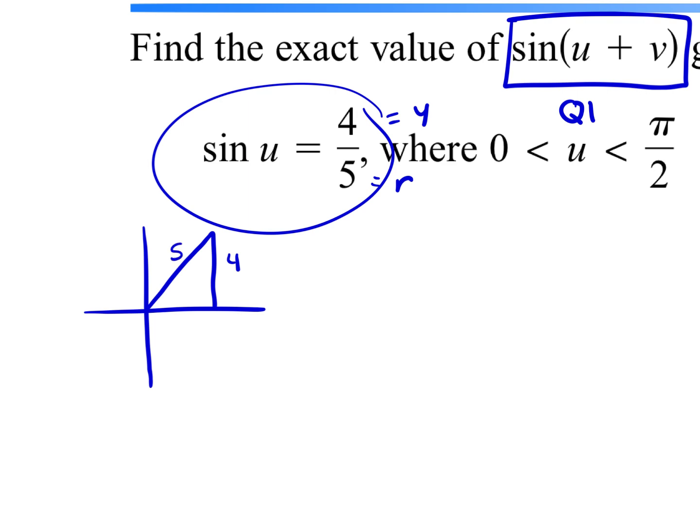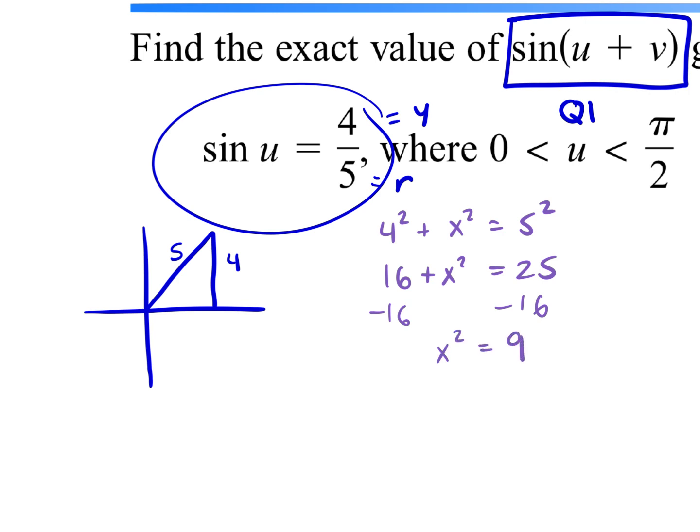How can I find the x here? Pythagorean theorem. So I have 4 squared plus x squared is equal to 5 squared. 16 plus x squared is 25. So x squared is 9.